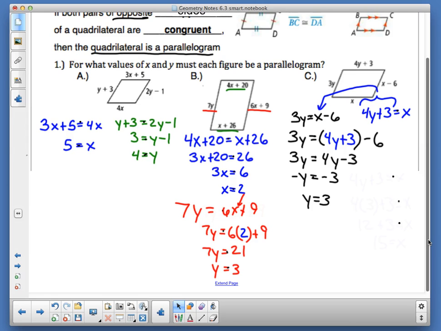Hopefully, we got that y is 3. Now, after I find that y is 3, I take this relationship right here. I plug in 3 for y. Okay, I find out that 15 is equal to x, and I'm done.